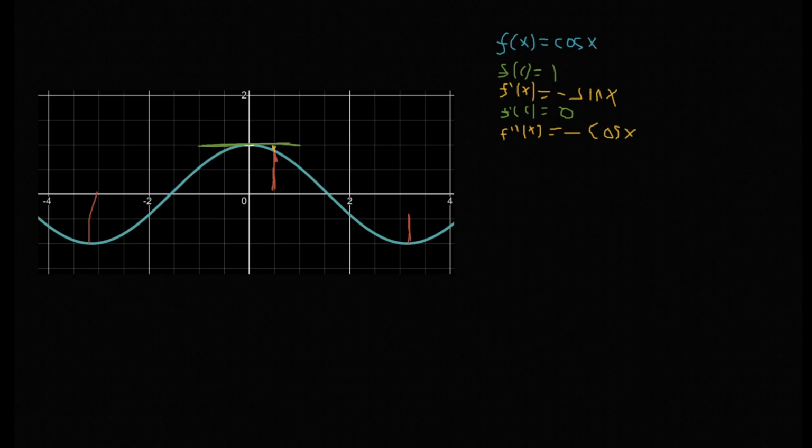So when we say f double prime of c, if we know that cosine at 0 is 1, the negative of that is negative 1. So we know that it is concave down, which we can see from the graph, but even if we didn't know that, we can see that it's concave down as the second derivative is negative.